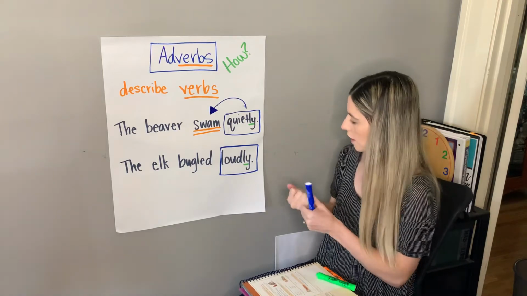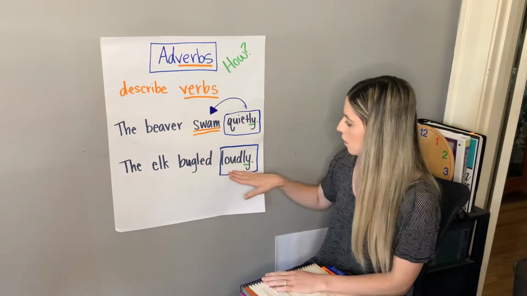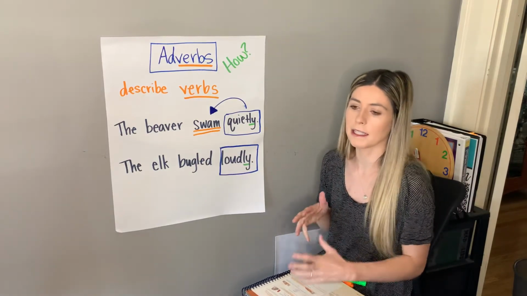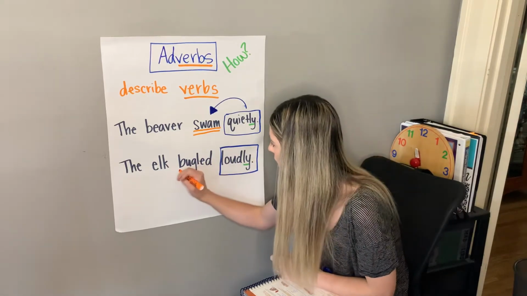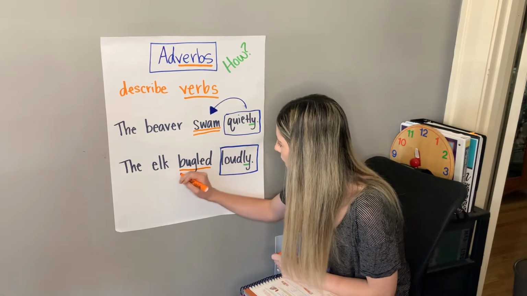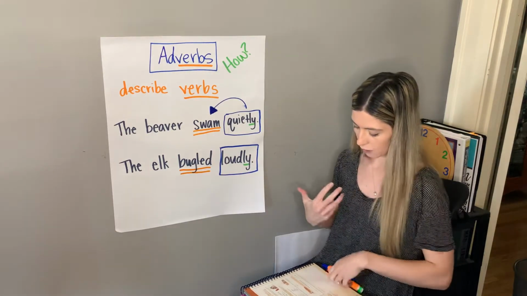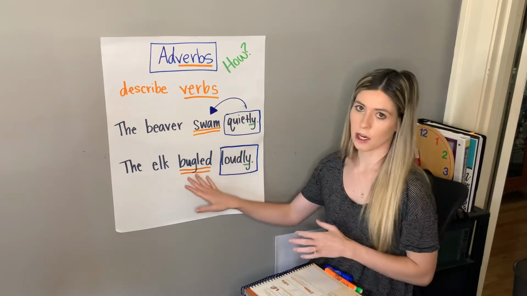Sorry, got a little smeary. Let's do that one more time. The elk bugled loudly. So what's the action happening in this sentence? The thing that's being done is bugled. I know it's kind of confusing. That's not a normal word we use. It's like making a loud noise. Bugled, it's a specific noise. So, bugled is our action.